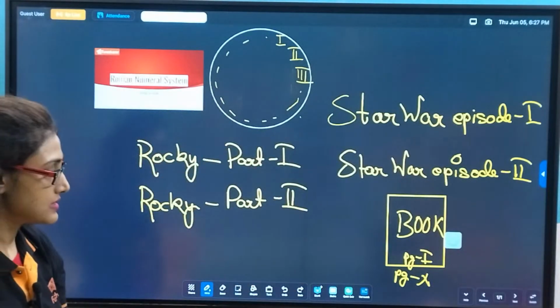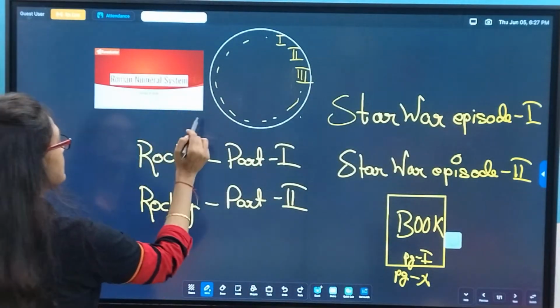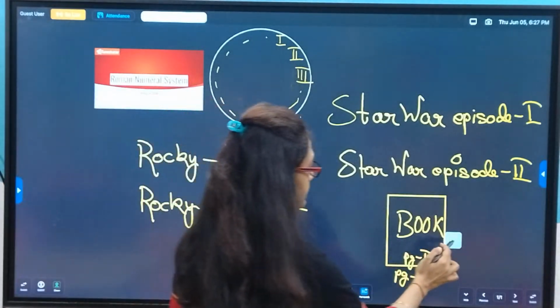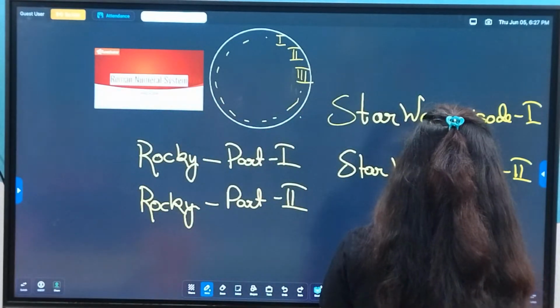The Roman numeral system. And it was an easy system. Okay. This was an easy system.